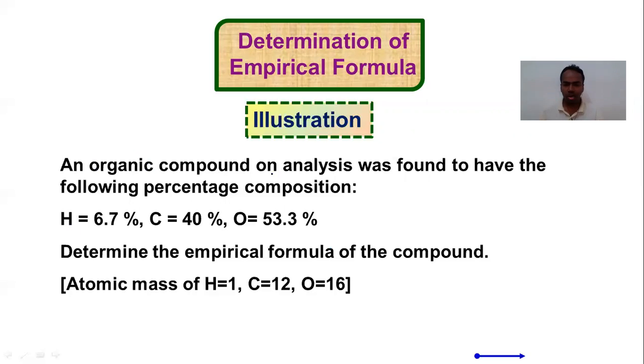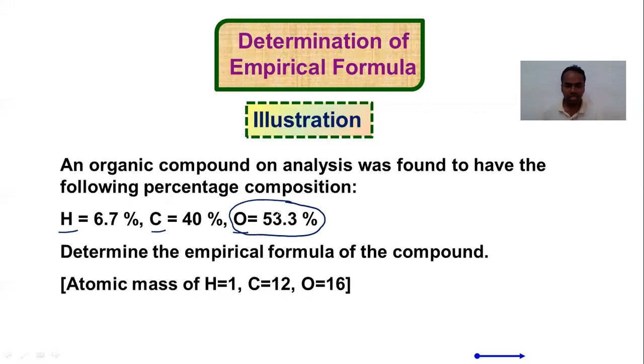An organic compound on analysis was found to have the following percentage composition. Here they have given the percentages of elements. Hydrogen is 6.7%, carbon is 40%, oxygen is 53.3%. This is very important.